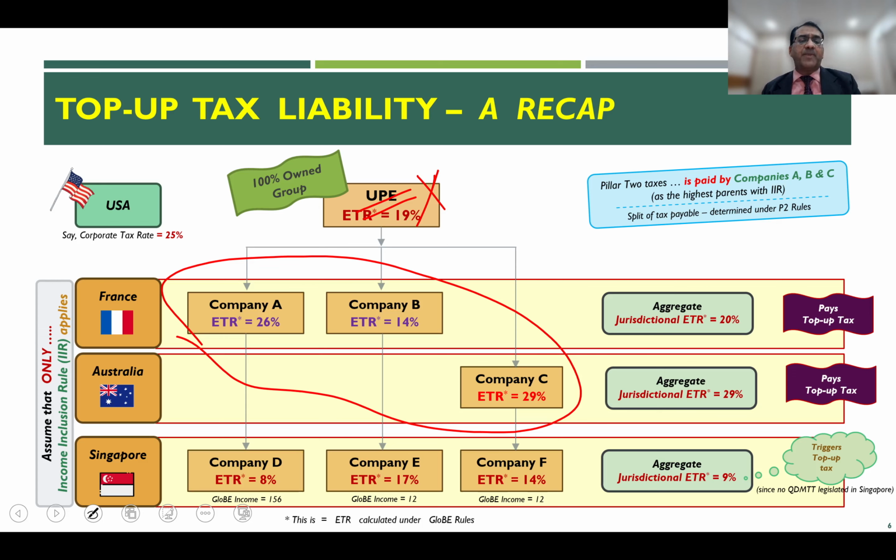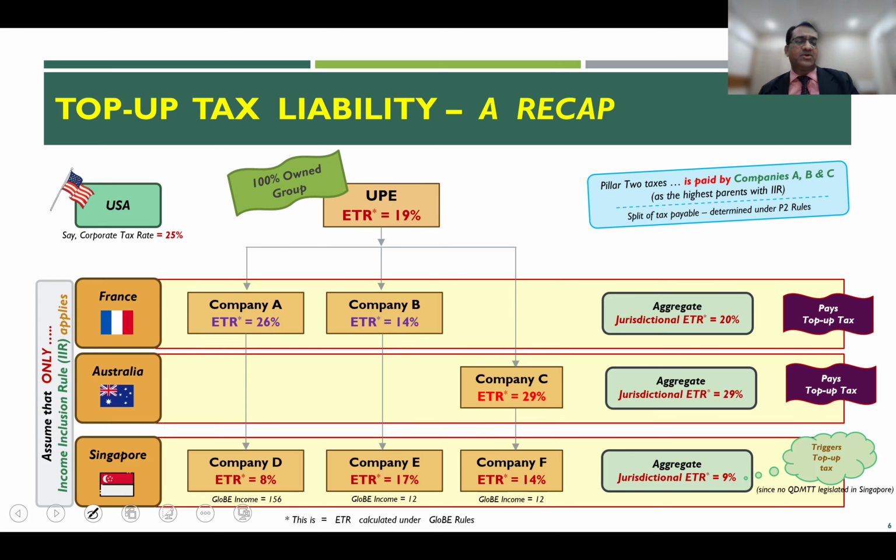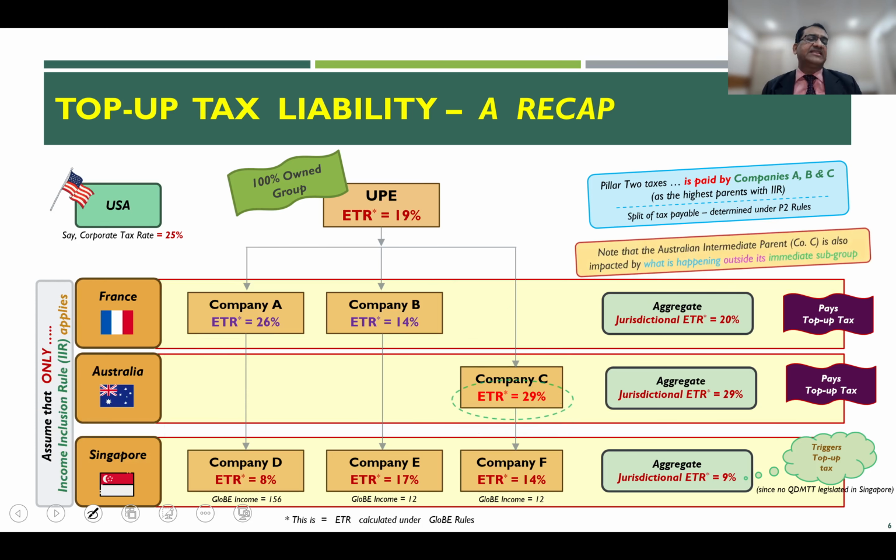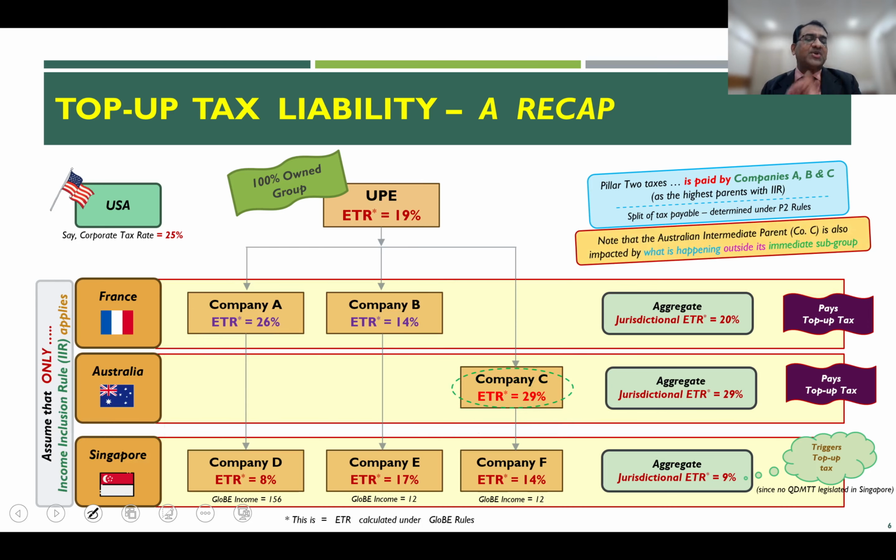So the minimum top-up tax will effectively be paid between these 3 entities. And the split of which entity pays how much, again, is driven by the detailed rules under Pillar 2.